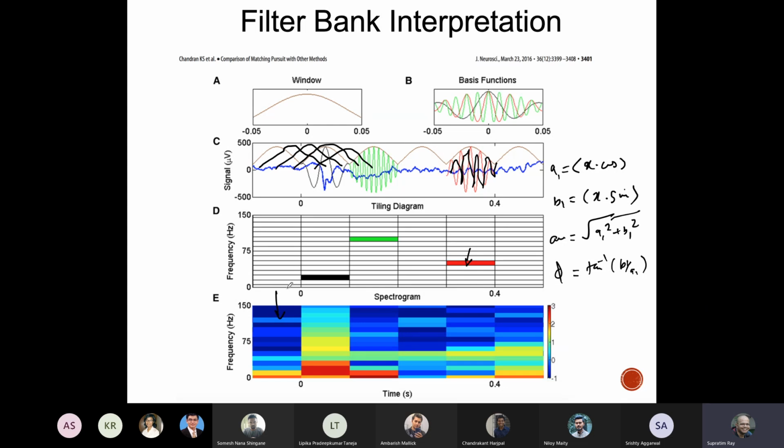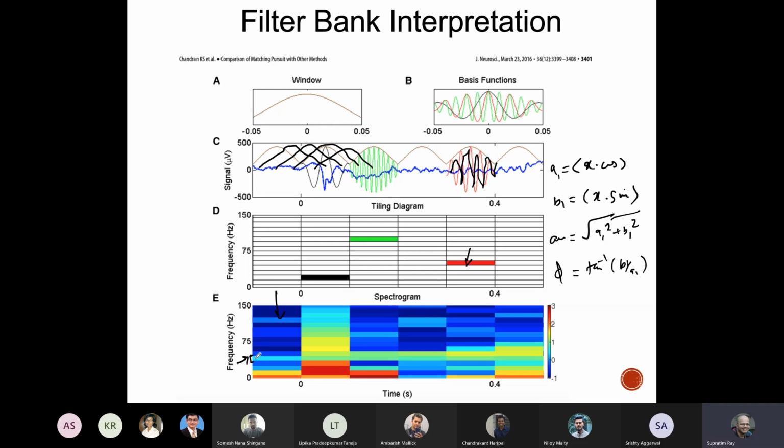First of all, would I have poorer frequency resolution on this side? Or is it going to be the same? What is this tile width dependent on?